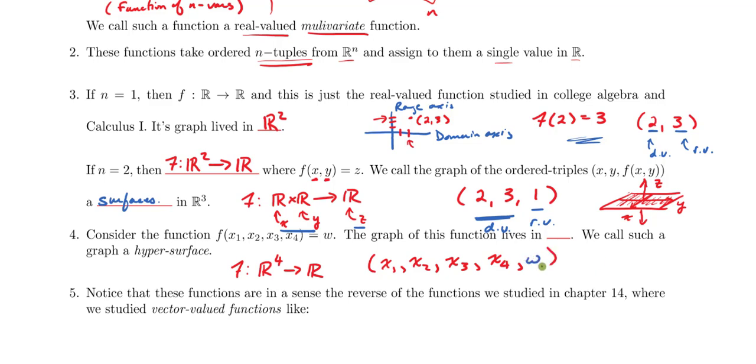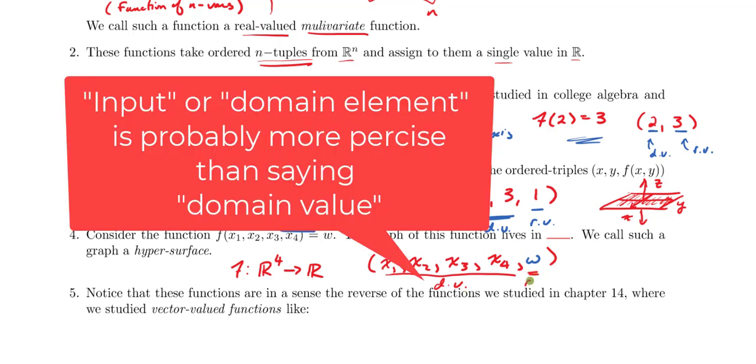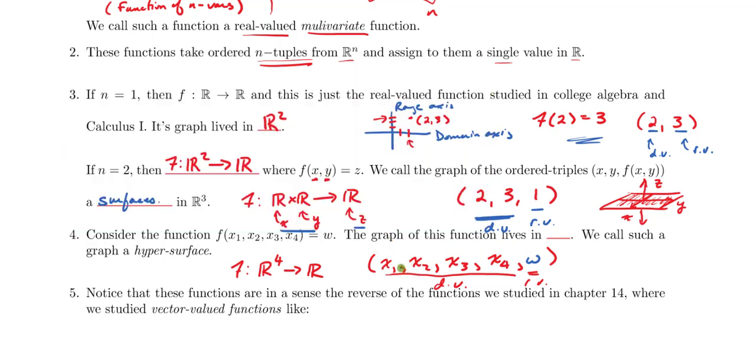These would be the domain values, and this would be the range value that outputs from it. And if we wanted to plot these 5-tuples, the graph would have to live in R5, which is something we can't really visualize, but we would still say that the graph lives in R5.